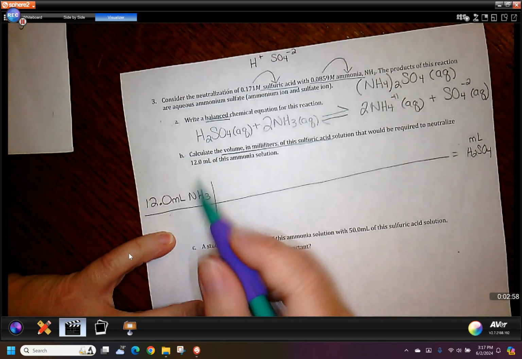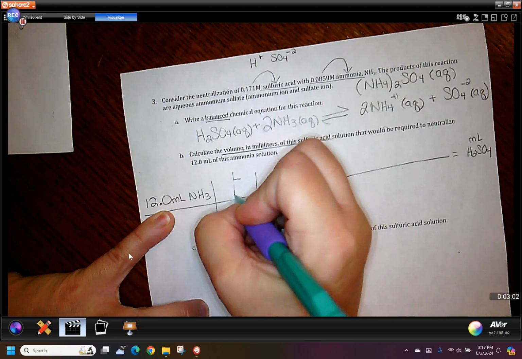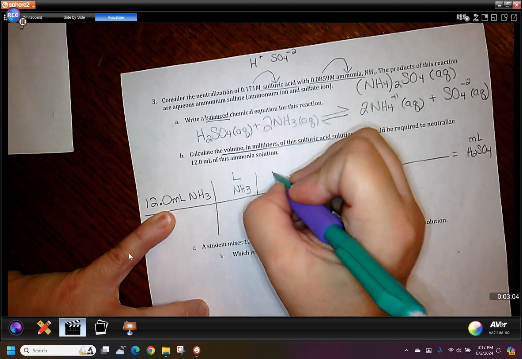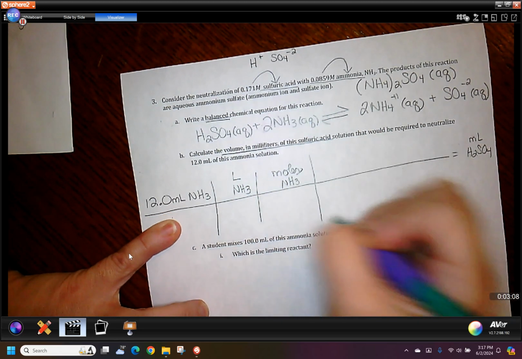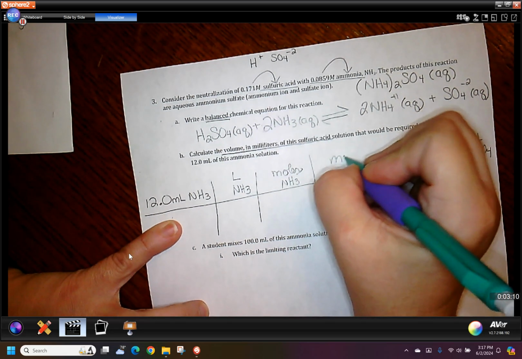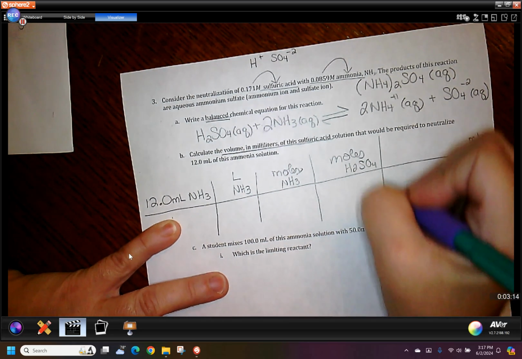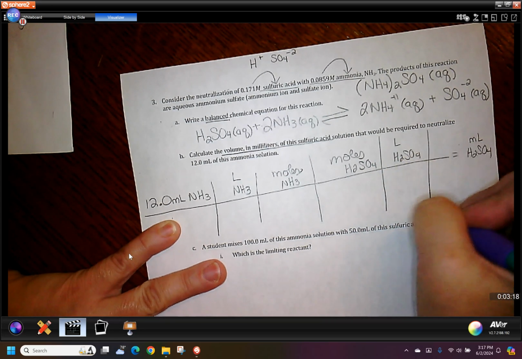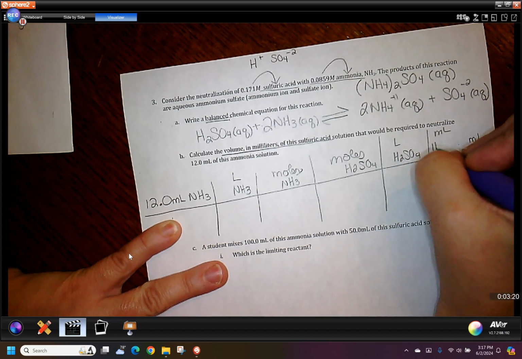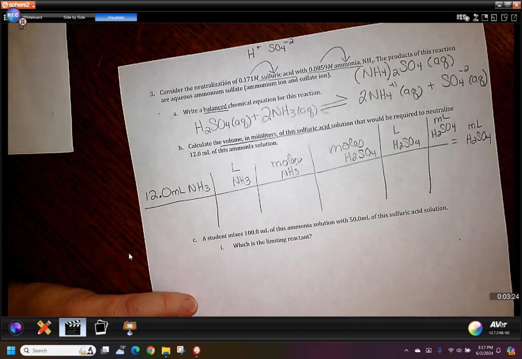Okay, so let's think back to our mole map. Milliliters to liters to moles of my other chemical to liters to milliliters. Whew. Yes, folks, that's the longest one you've had to do.